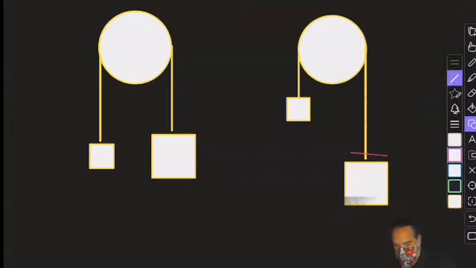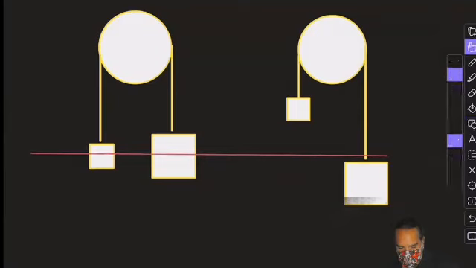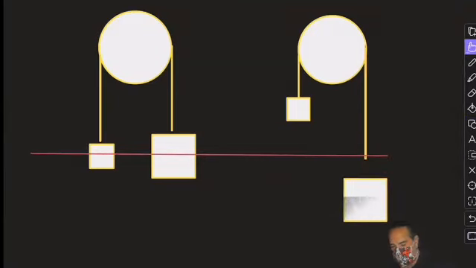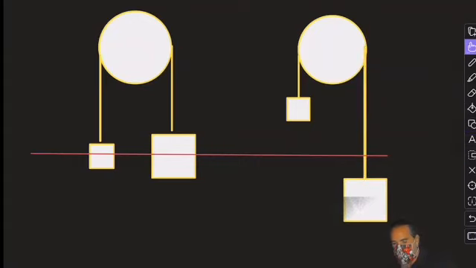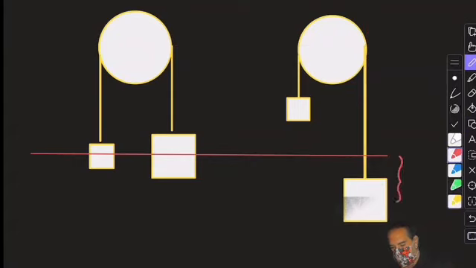I want to put this in here as a baseline for us to know what we're comparing. The first thing I need to note is they talk about the fact that this box descended a distance d.